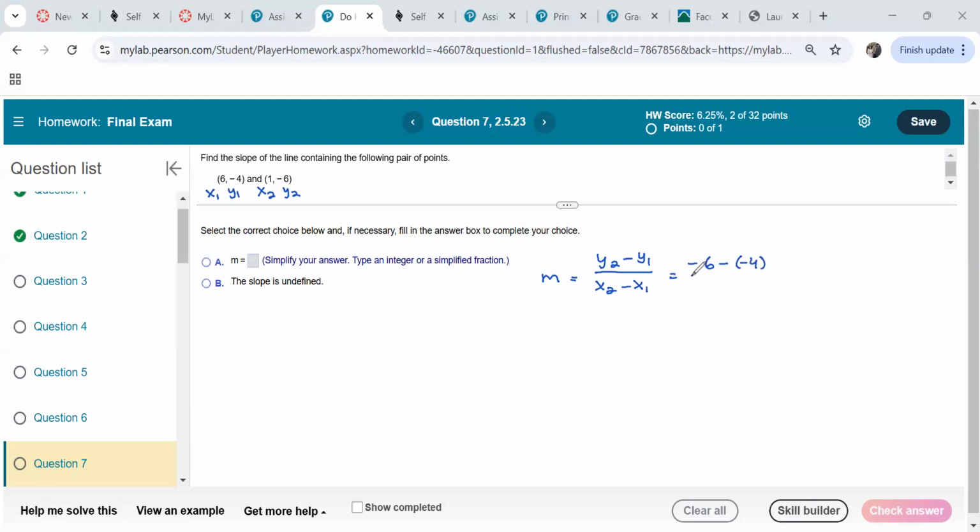So minus the -4. Then my x2 is 1, my x1 is 6. So this is -6 plus 4 over -5. Or you can say -2 over -5 or 2 over 5. So my slope is just m is 2 over 5.